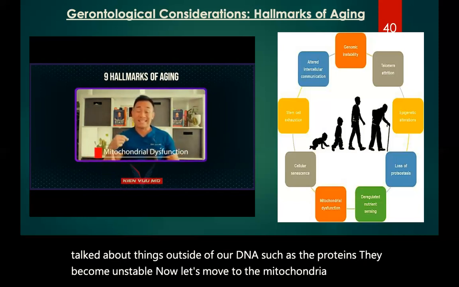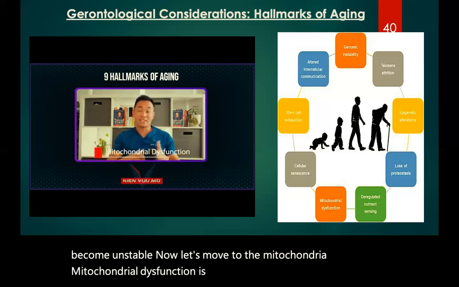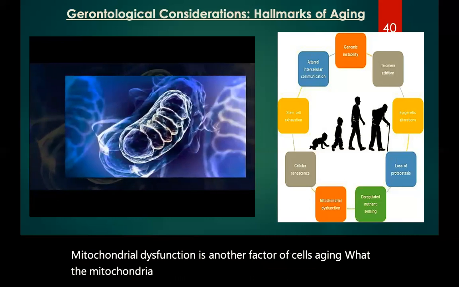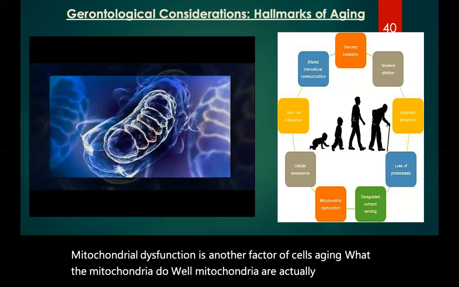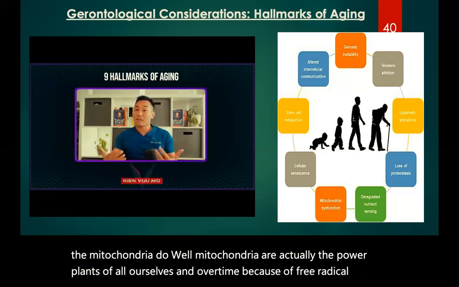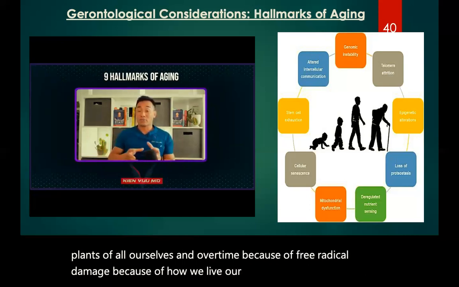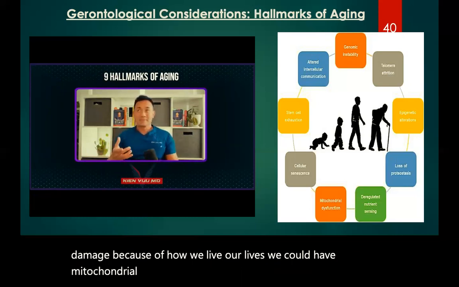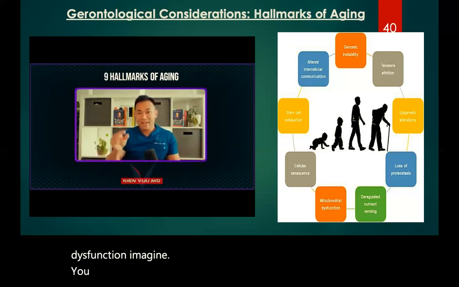Mitochondrial dysfunction is another factor of cells aging. What do the mitochondria do? Well, mitochondria are actually the power plants of all our cells. And over time, because of free radical damage, because of how we live our lives, we could have mitochondrial dysfunction. Imagine any device that you have.